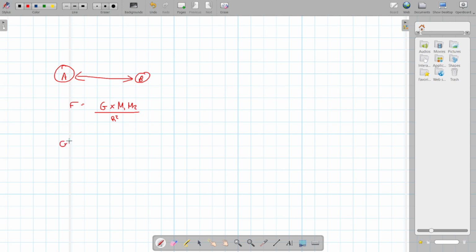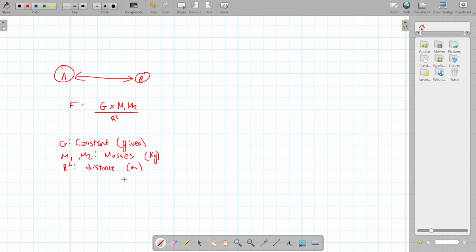G is a constant, it's always given. m1 and m2 are both masses in kilograms, and r squared is the distance, and it has to be in meters. It has to be in meters all the time.